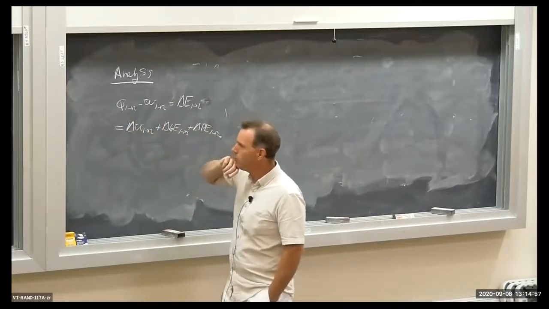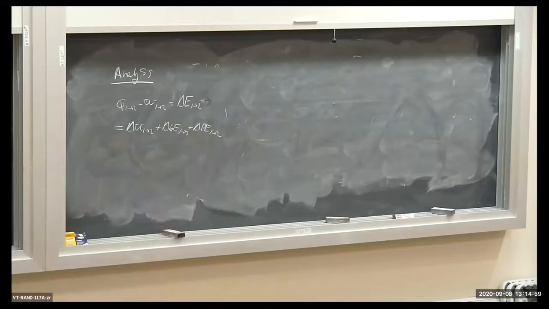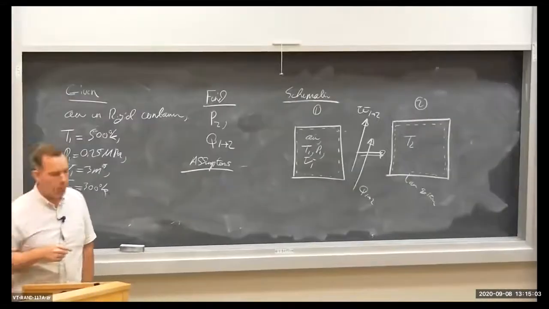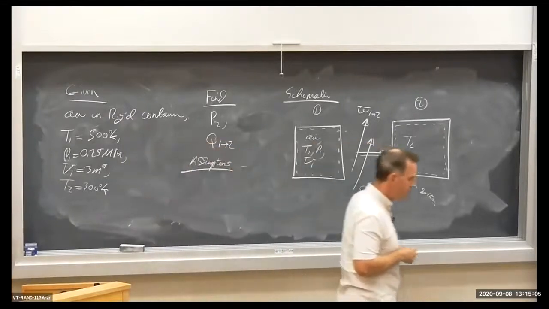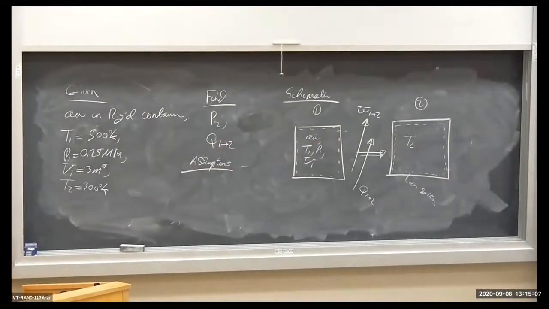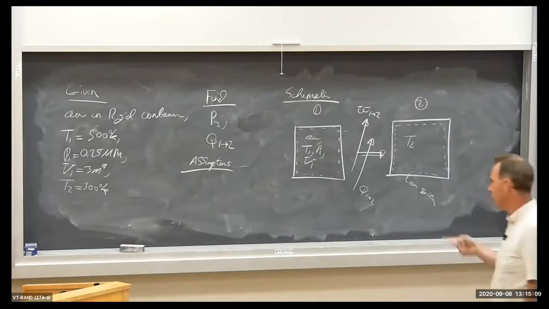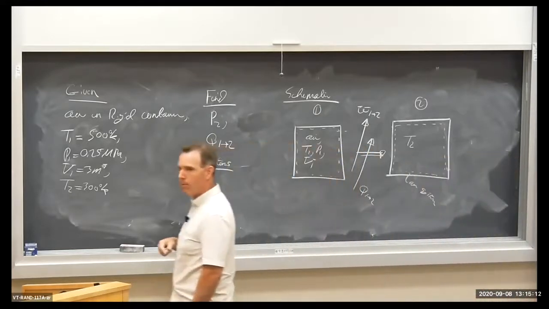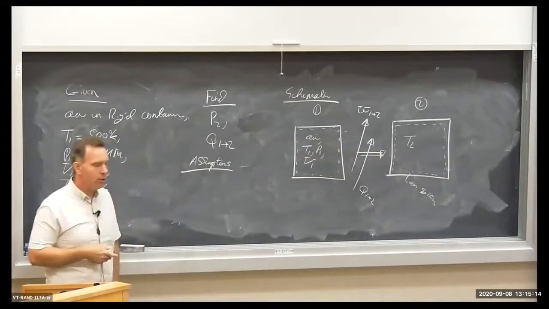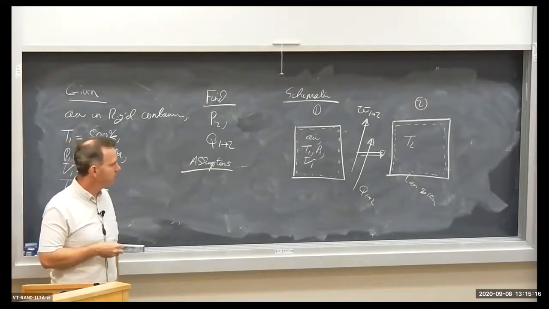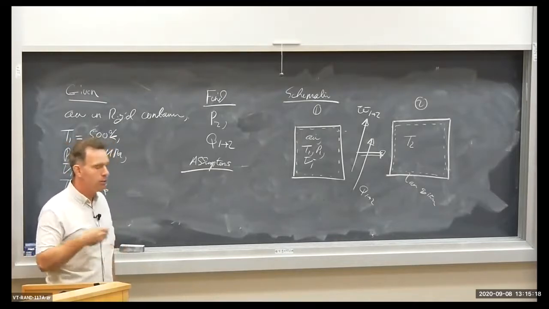The work, what sort of work is involved with this situation? Well, remember there are 3 forms of work as far as you're concerned at the moment. There's boundary work, shaft work, and electric work. You see any wires in this problem? Any resistors in this container? I don't see any, so there's no electric work.